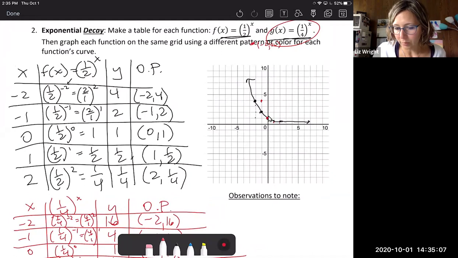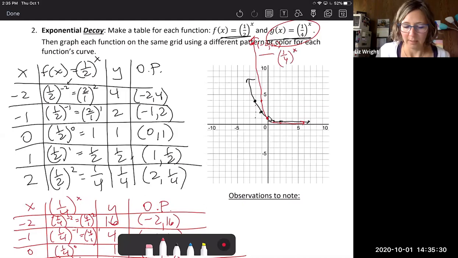And then 2, 1/16. So fill those in. It's going to look kind of like that. Again, the red one is 1/4 raised to the x. The black one is going to be 1/2 raised to the x.